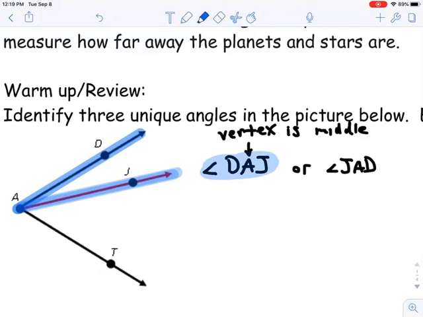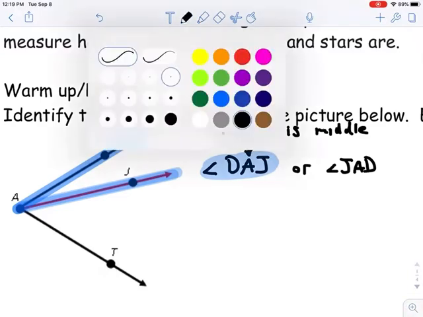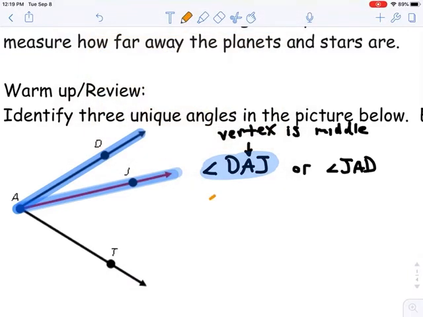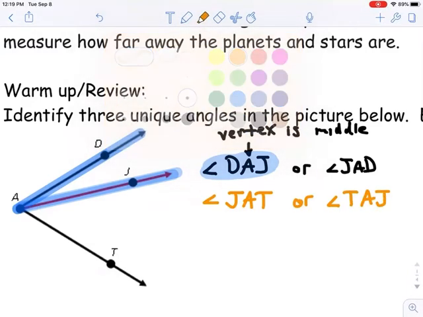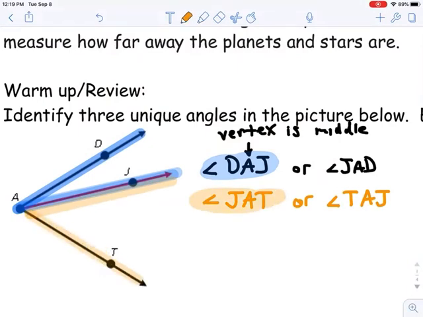It doesn't matter the order, but A has to be in the middle. I could say angle JAT, and you could say angle TAJ as well. And that's this angle right here. So these are the 2 smaller angles. And then lastly, we got the whole thing. We got angle DAT, or you could call it angle TAD.